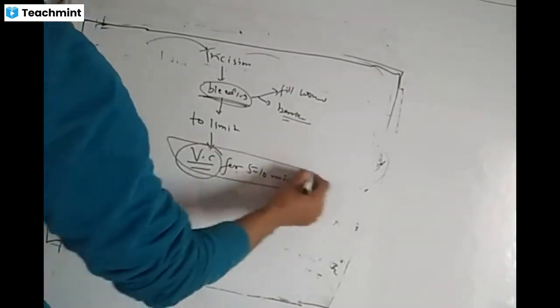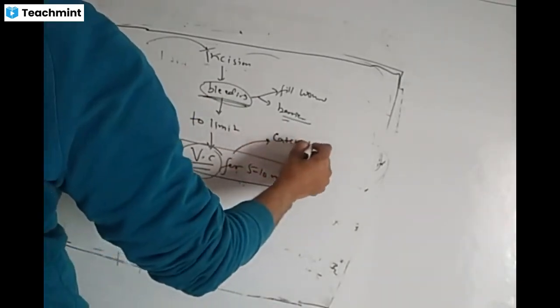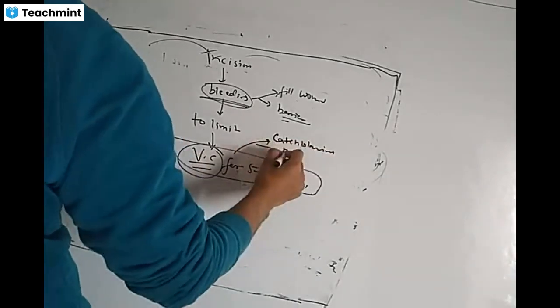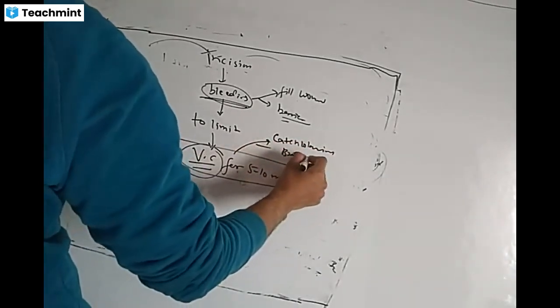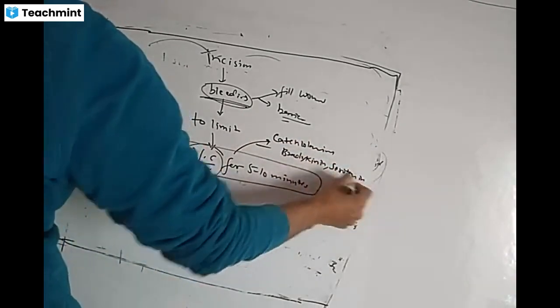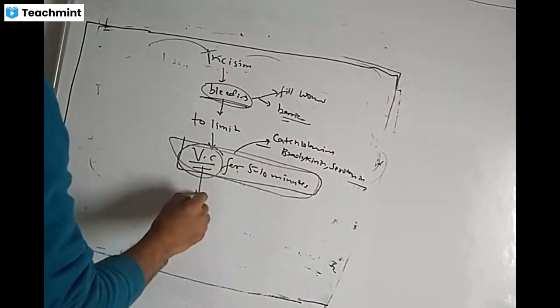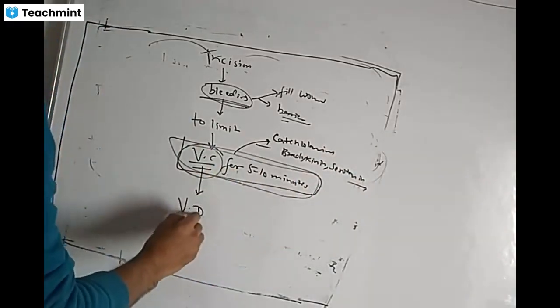There will be vasoconstriction. This vasoconstriction may be mediated by catecholamines, bradykinins, and serotonins. After this vasoconstriction, what will happen? Vasodilation.